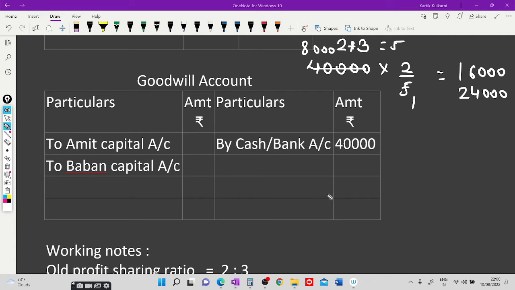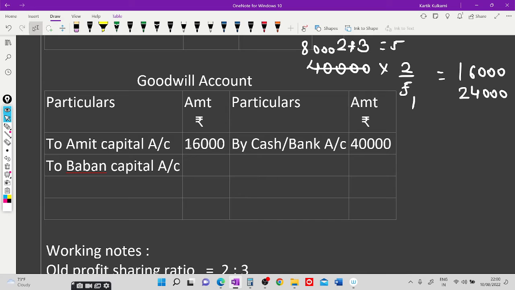Okay, so let's note down here in the goodwill account debit side to Amit's capital account 16,000, and here to Baban's capital account 24,000. Hence now there is no balance left in the goodwill account.